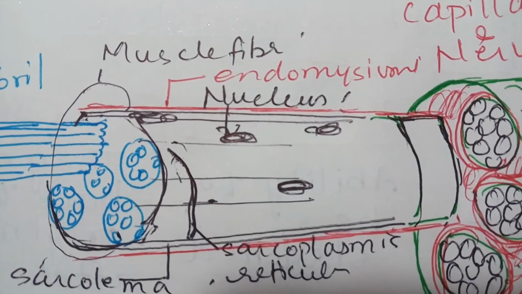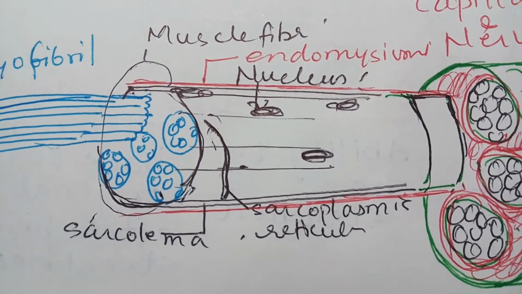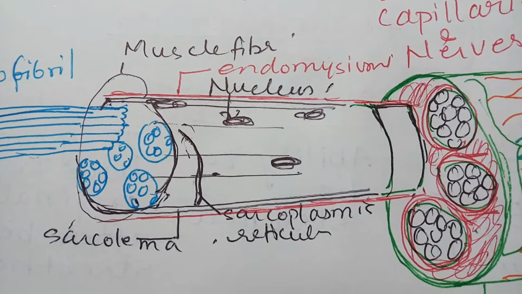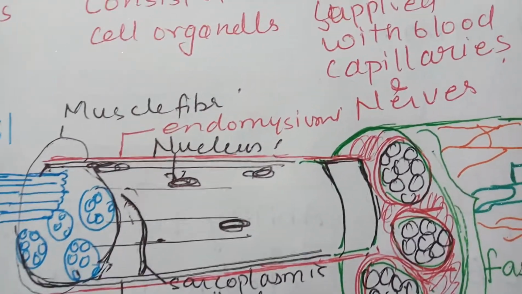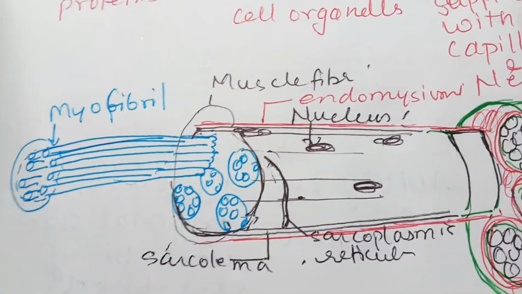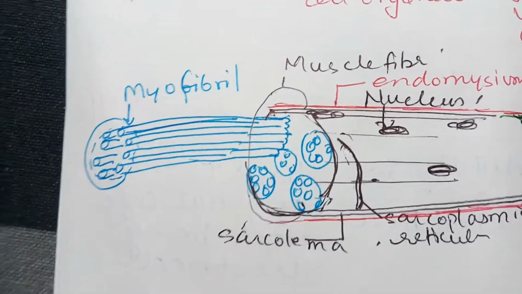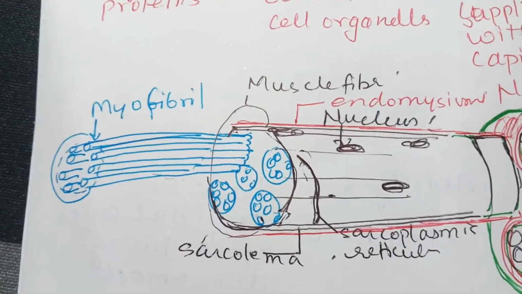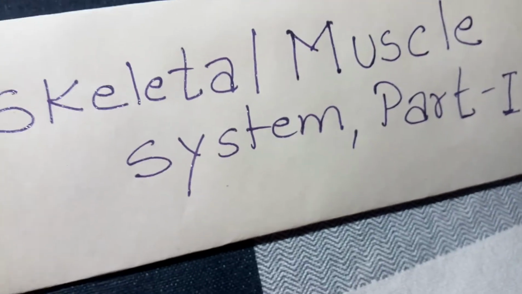The nuclei are located in the periphery. Then it has sarcoplasmic reticulum. The cell is surrounded by plasma membrane, which is called sarcolemma, which in turn is surrounded by endomysium. Then you can see each muscle fiber has a number of bundles of myofibrils, and these myofibrils are made up of myofilaments, which are made up of proteins. We'll see what proteins are present.